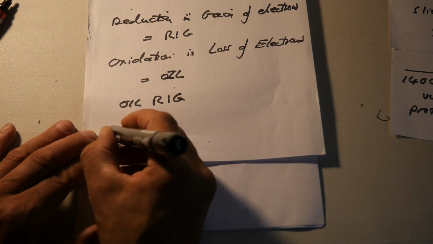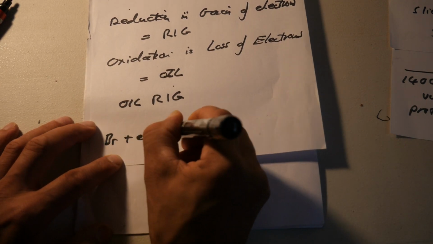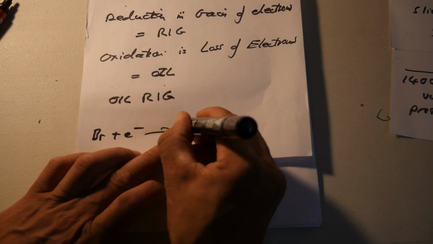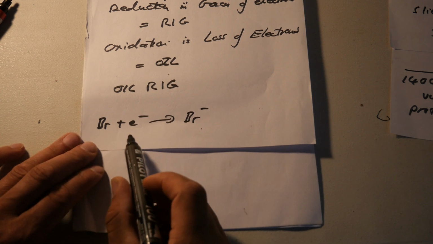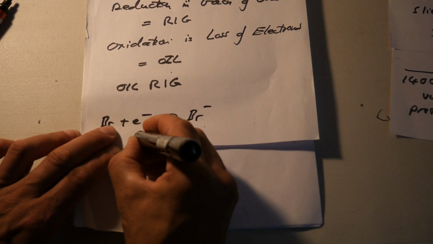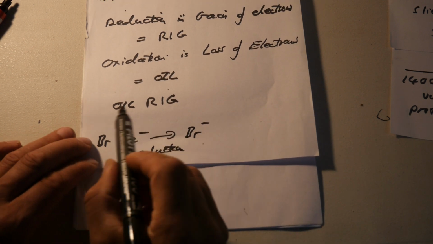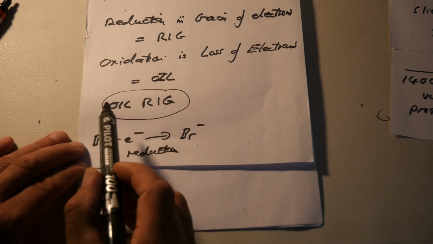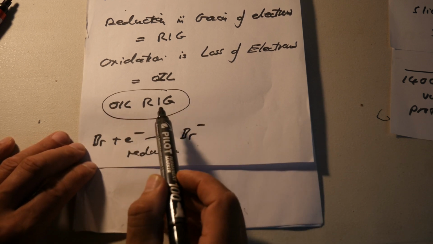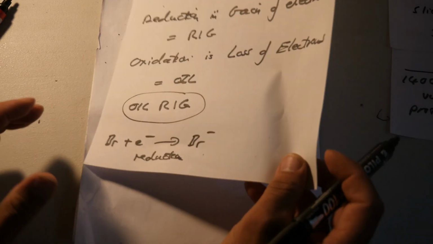You could also write bromine plus electron becomes bromide, negative, okay? So this is reduction. So this is oil rig. This is a simple way to remember oxidation is loss, reduction is gain. It's just an amusing way to say it, oil rig.